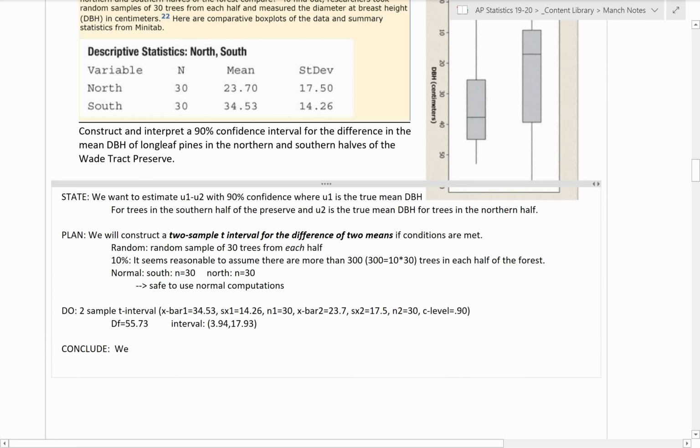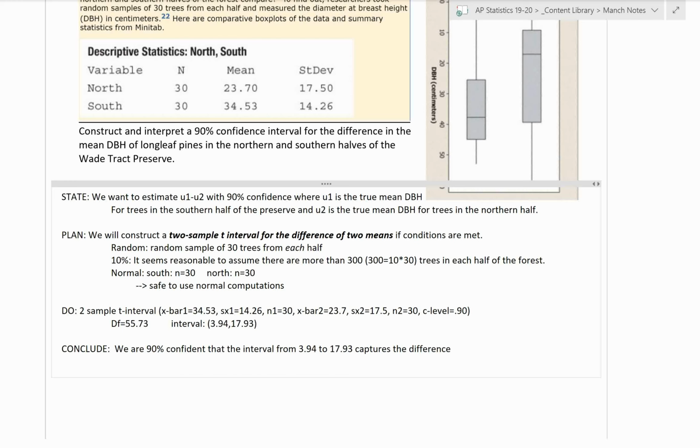So remember, 90% confidence means we are 90% confident that the interval from 3.94 to 17.93 captures the difference. Remember, we're trying to estimate the difference between the true mean from the south and the true mean from the north.